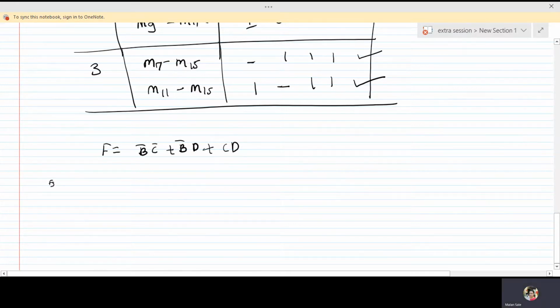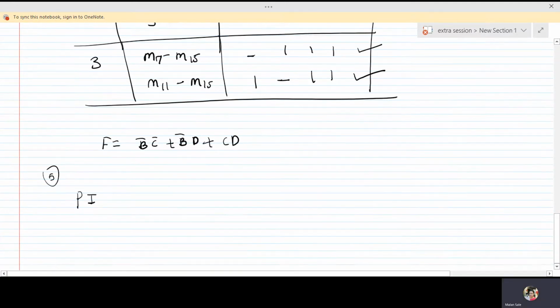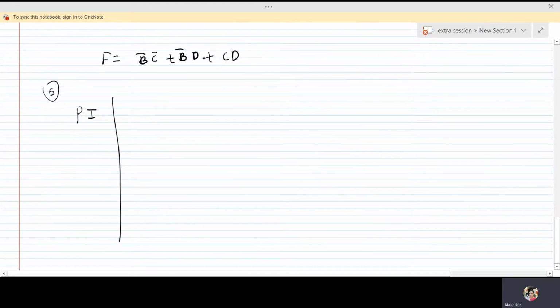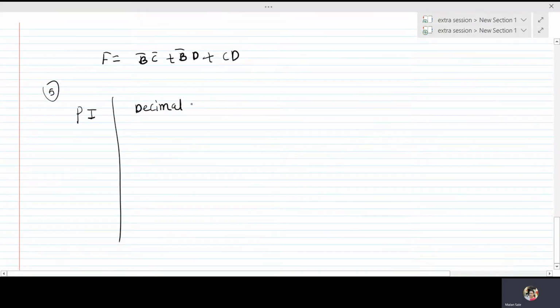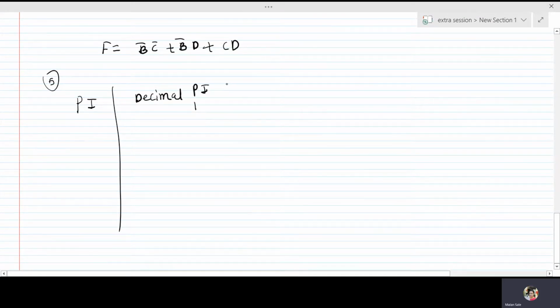Now the next step: create the prime implicant table. Prepare the prime implicant table. Now to prepare the prime table, the first one is the prime implicant. The second one is the decimal number representing the prime implicant. The third one is the given minterms in the problem.